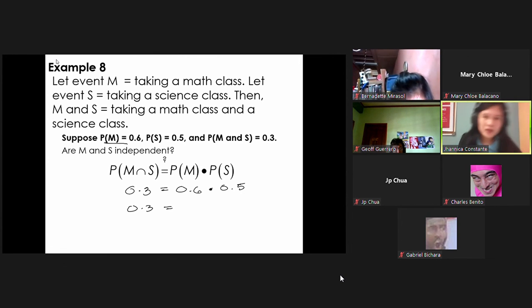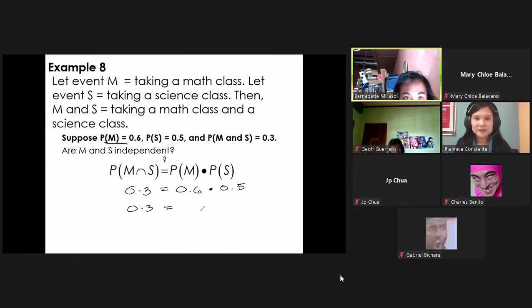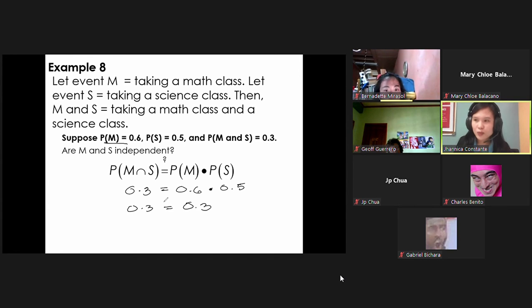What is 0.6 times 0.5? 0.3. So the probability presented on the screen is an example of an independent event. That's the first way to determine if the given is an independent event, by substituting into the formula of an independent event.